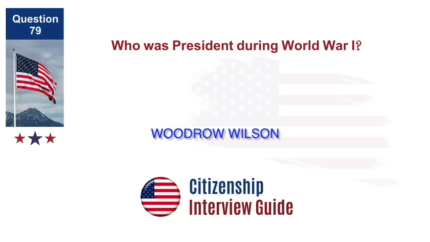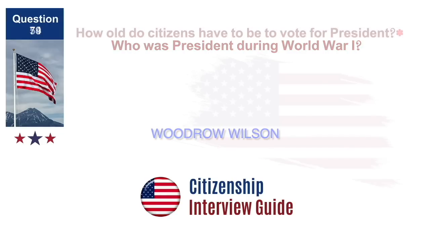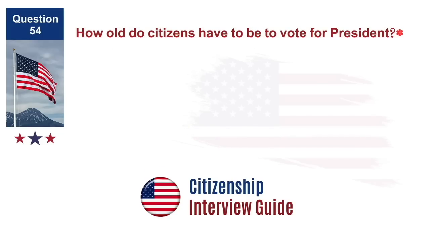Woodrow Wilson. How old do citizens have to be to vote for president? 18 and older.